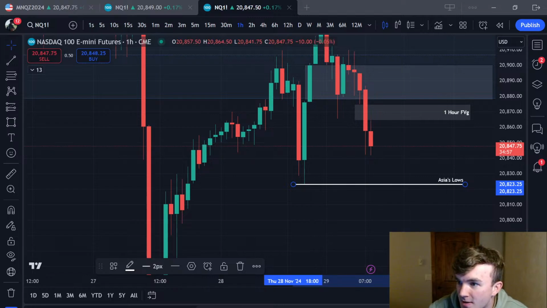Light blue and dotted. And then, yeah, that looks good. Man, previous day's low is all the way over there. That's crazy. Previous day's low is pretty far away.